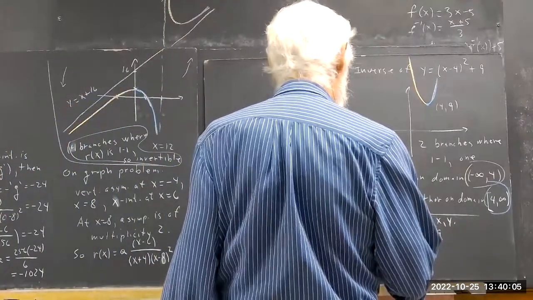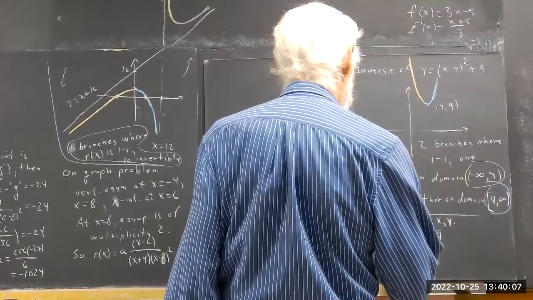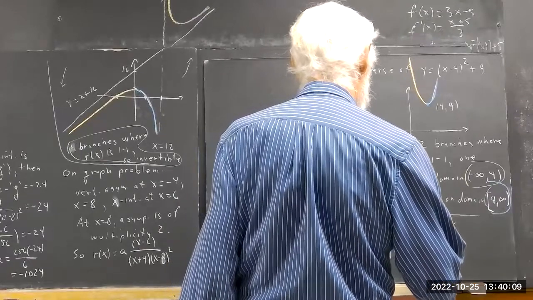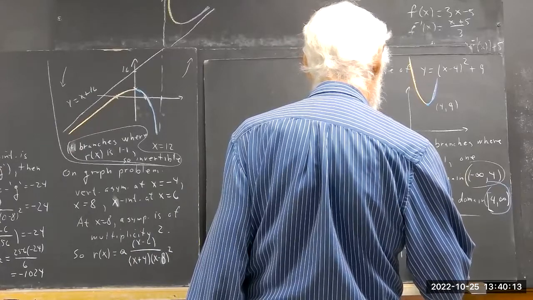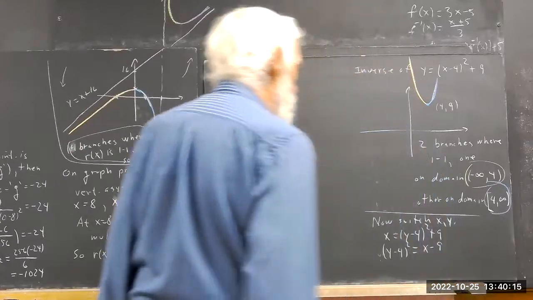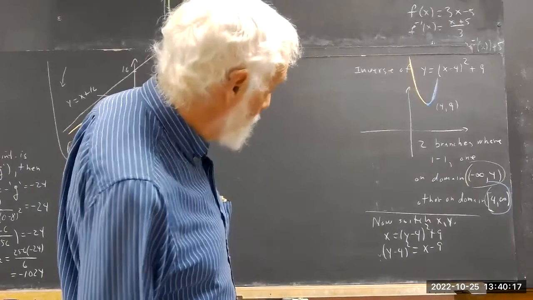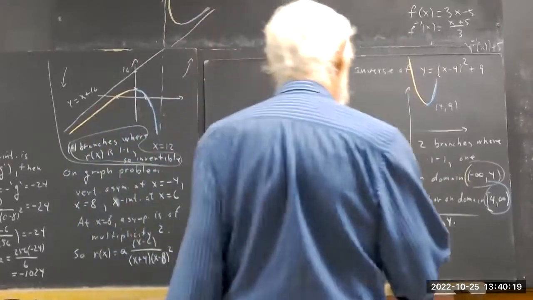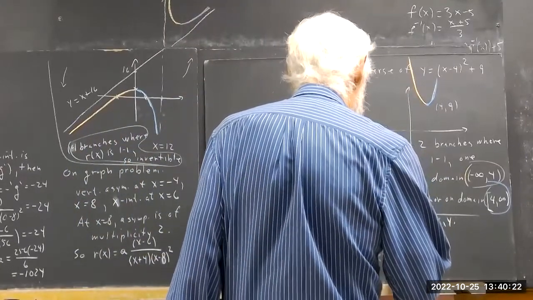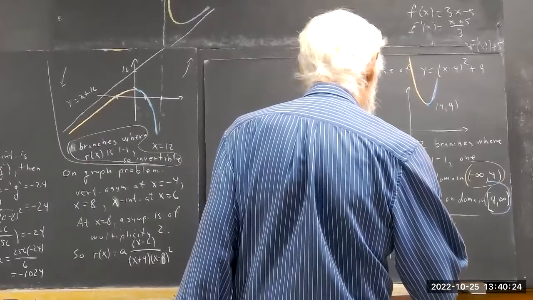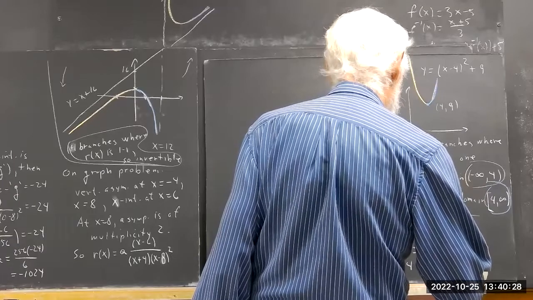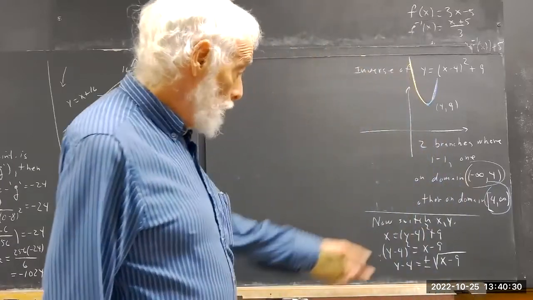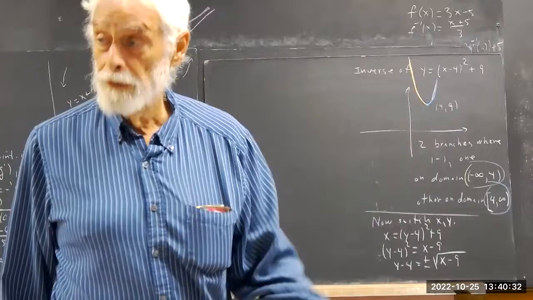So that y minus 4, quantity squared, equals x minus 9. But y minus 4 is plus or minus the square root of x minus 9.